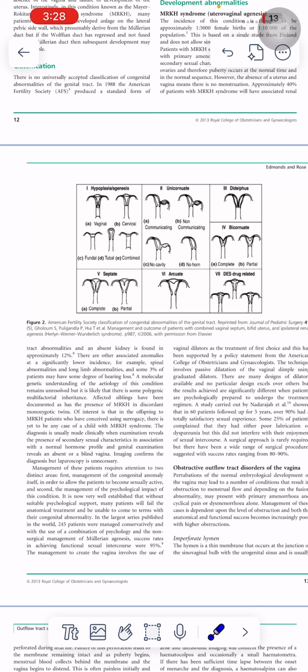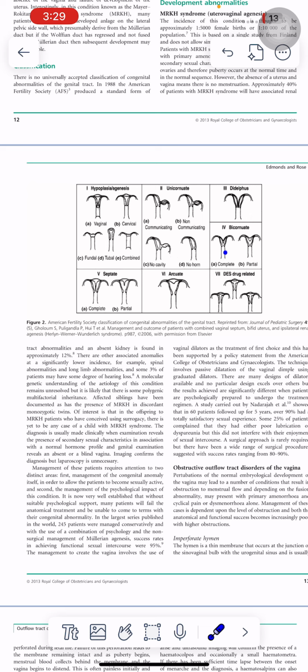So you can see here the hypoplasia or agenesis, vaginal or cervical. Then there is the unicornuate uterus, communicating and non-communicating, and the didelphys uterus, communicating and non-communicating, with no cavity and no horn, or maybe with a horn or without a horn.